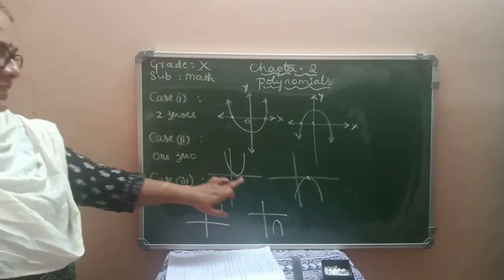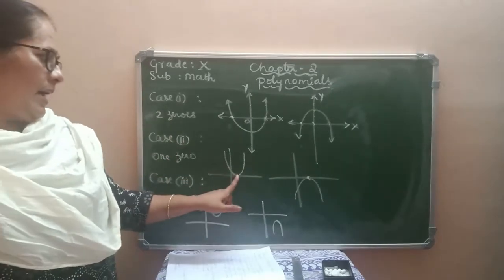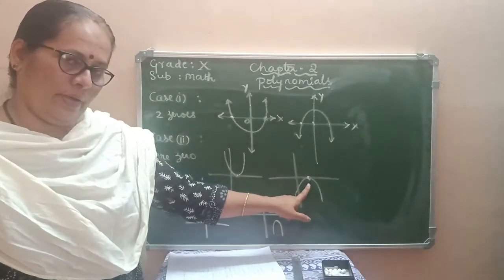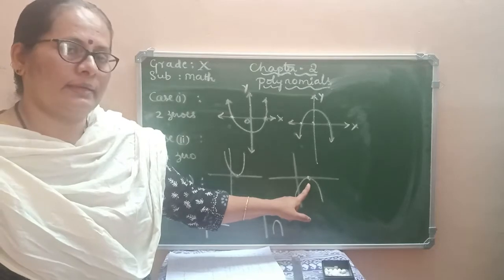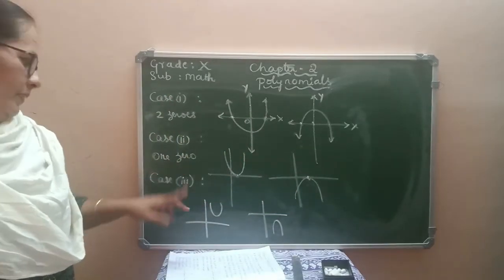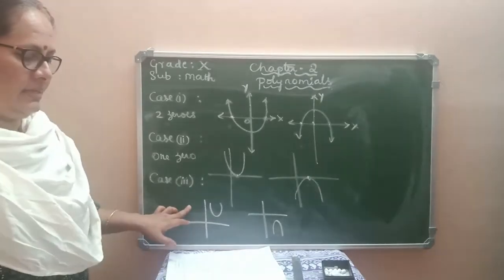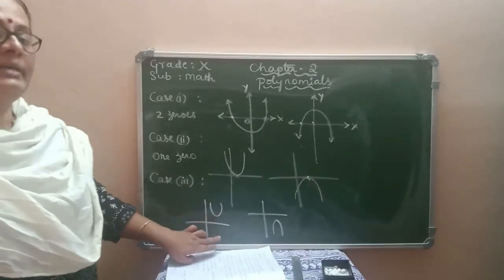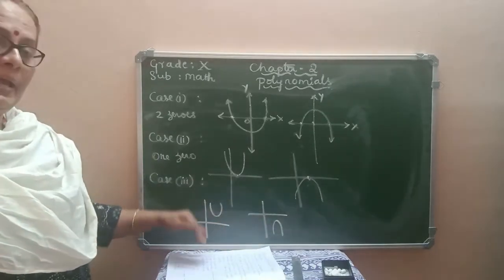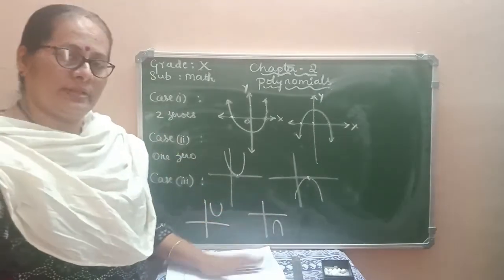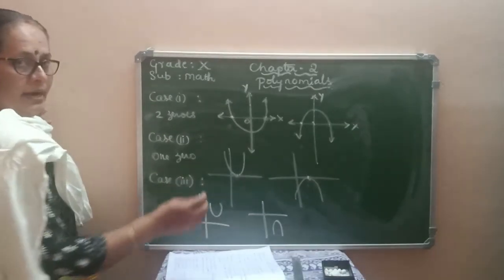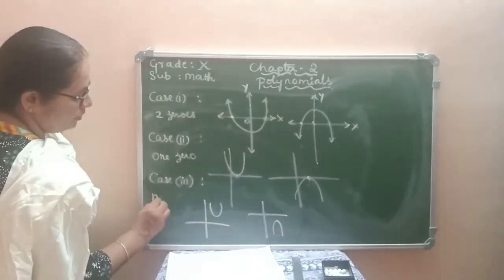So here in the first case the graph intersects the x-axis at two distinct points, so we say that it has two zeros. In the second case, the parabola touches the x-axis at only one point. It has two equal zeros considered as 1 zero. And in the third case, the parabola does not touch the x-axis at any point, which will be completely above the x-axis or below the x-axis. Then the quadratic polynomial has no zeros.